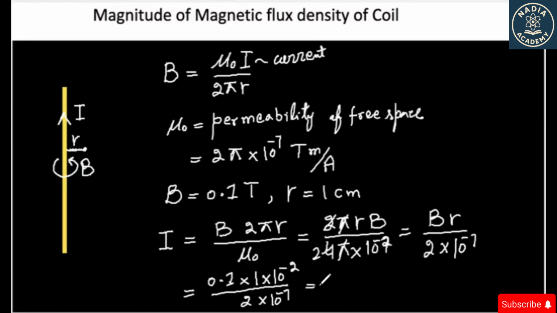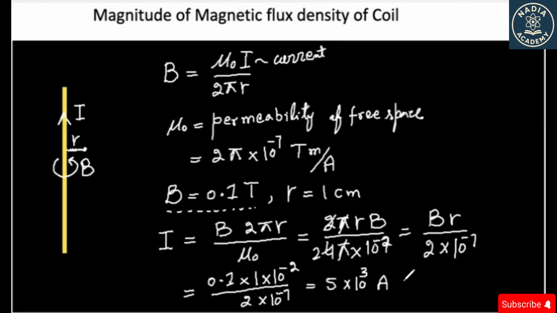So that will be equal to 5 times 10 raised to power 3 amperes. So you see that just to generate only 0.1 Tesla magnetic field with this wire you need 5,000 amperes of current, which is a very, very large value of current.